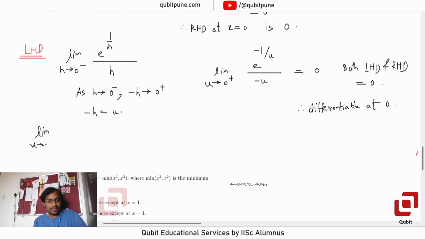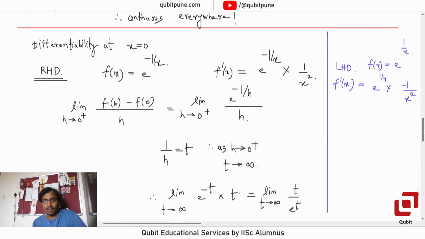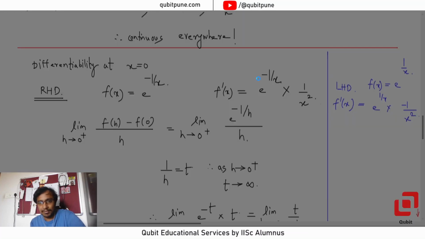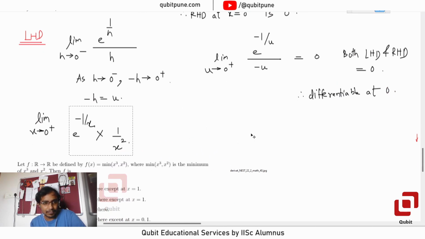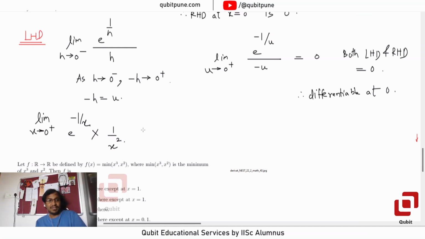Limit as x tends to 0 plus of this one. For this also I can use the substitution of 1 upon x tending to infinity. So it will be t squared upon e raised to t, this will be 0, by the same logic as t upon e raised to t was 0.